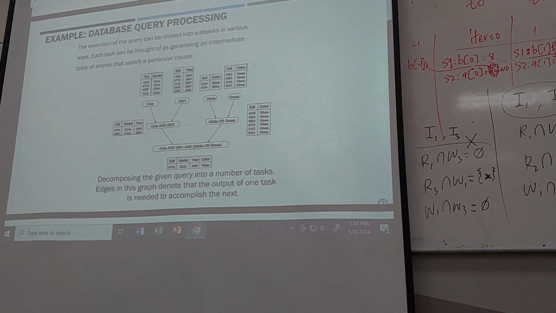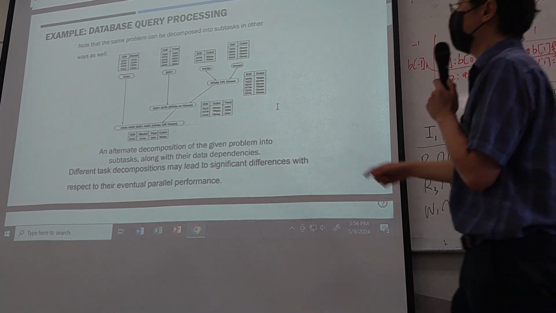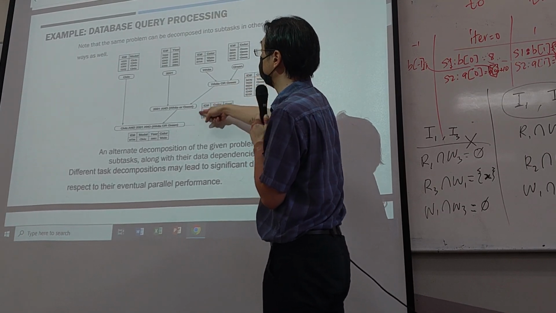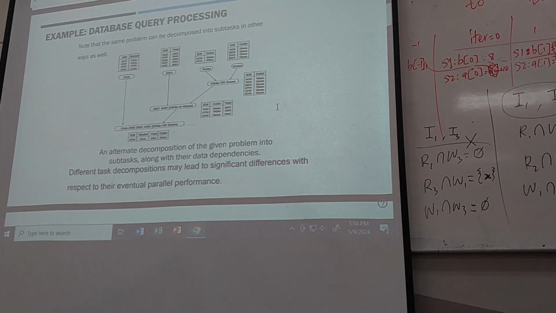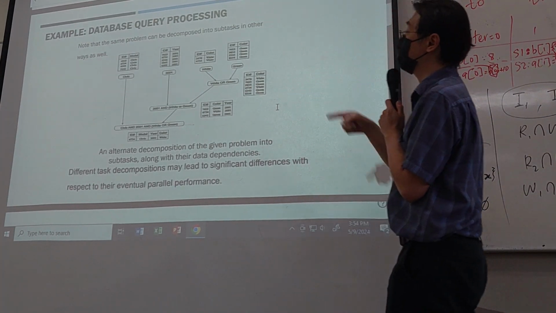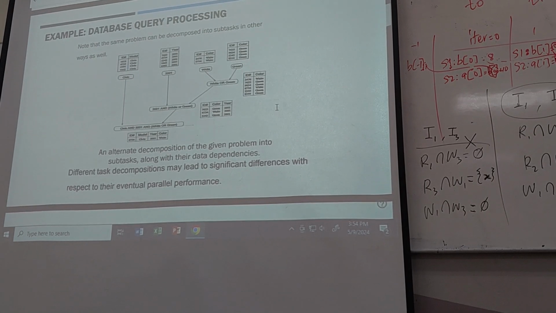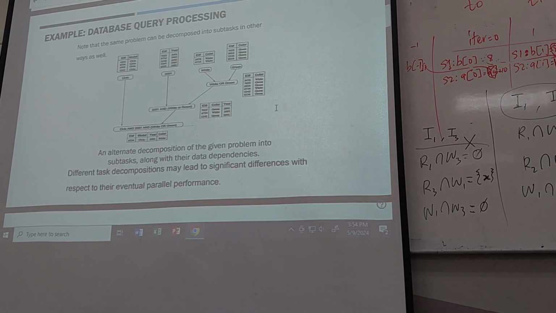How about the second example? The average degree of concurrency: 4 plus 1 plus 1 plus 1. So here it is 7 also, but divided by 4, not divided by 3. So the average degree of concurrency for the second problem is not as good as the first one. So if you want to compare which one is better, we look at this metric.